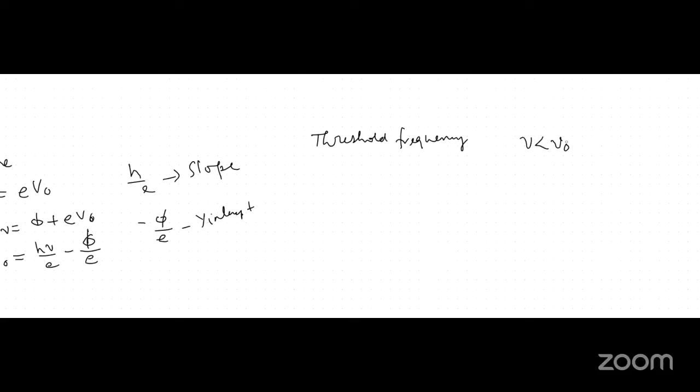One more thing observed in the experimental observation of Einstein's explanation is instantaneous emission. That means one photon gives all its energy to one electron instantly, and it comes out, right? And the kinetic energy is independent of intensity.